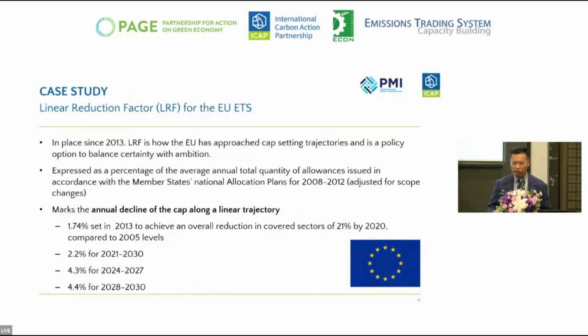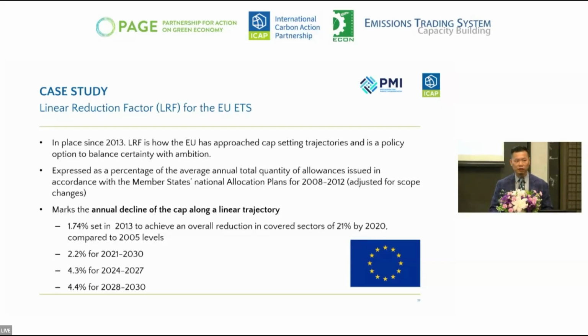In the EU, since 2013, there is a linear reduction factor, like the percentage reduced every year, set up in the EU ETS. 2013 was the start of the third phase of the EU ETS, and in the first and second phase, the EU ETS didn't have a very strong long-term reduction signal, and there was over-allocation.